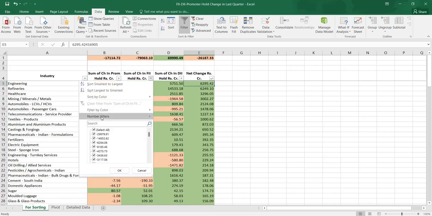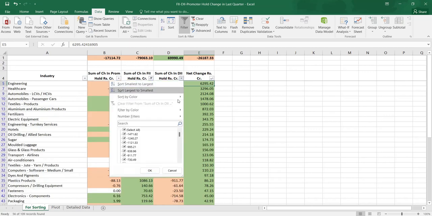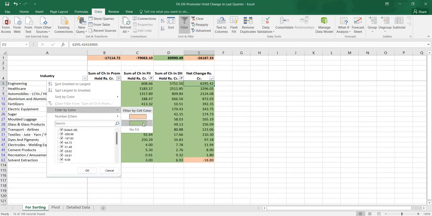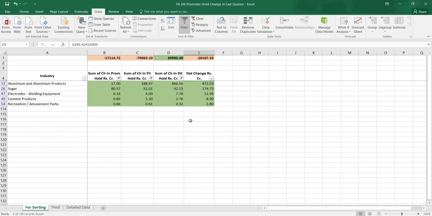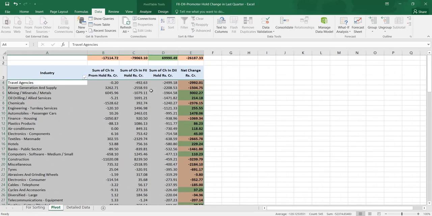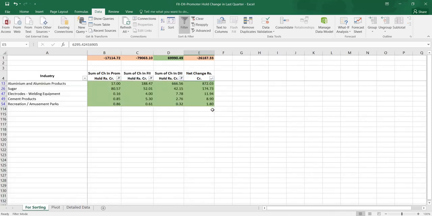You can even filter with the color. So with this, I request you to visit the Telegram channel and calculate according to your needs. The pasting is done only because we will not be able to handle the pivot easily. So the same data, if you put it into a normal table, you can very well work on it.